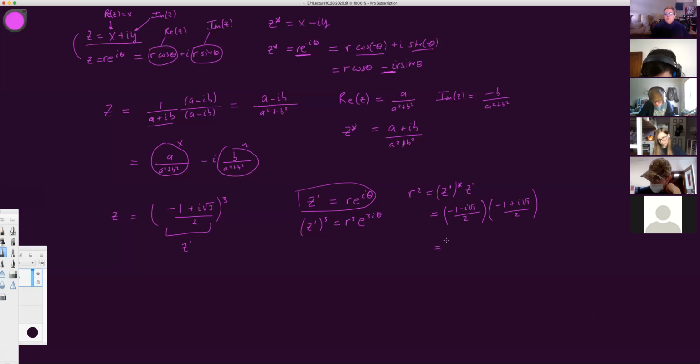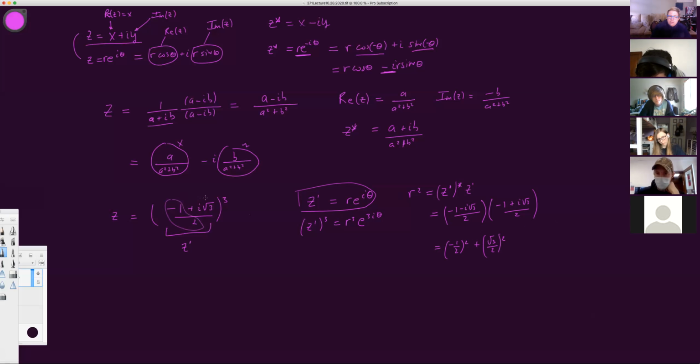Okay. Well, so we can write this out, or we can just look and see what it's going to be. So it's -1/2 squared, plus square root of 3 over 2 squared.